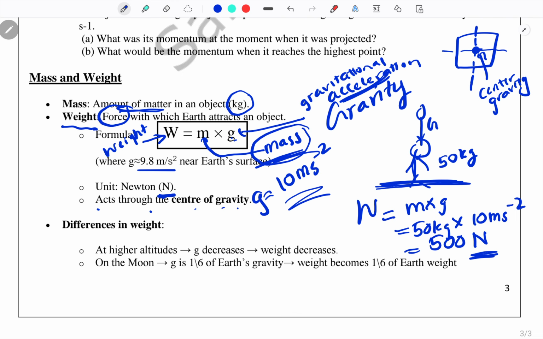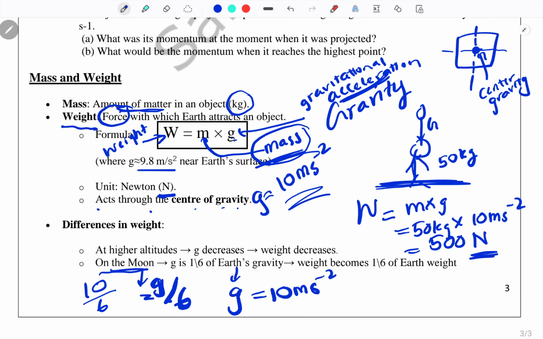So if your earth gravity is G, in the moon it is G over 6. That means 1/6 of the gravity of the earth is the gravity on the moon. That's what I write as G over 6, which is 10 over 6, because G is 10 meters per square second.